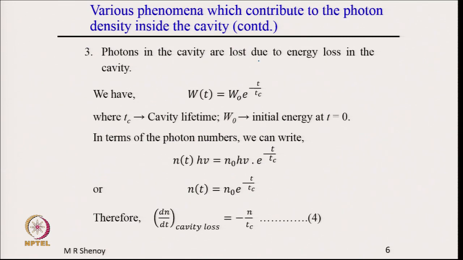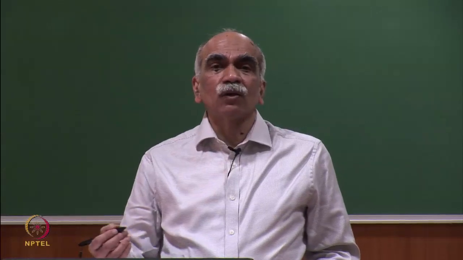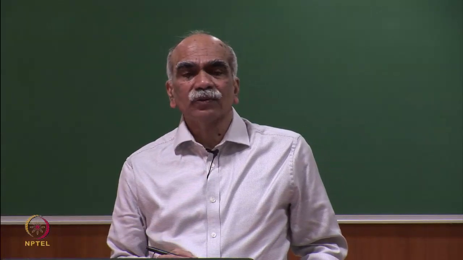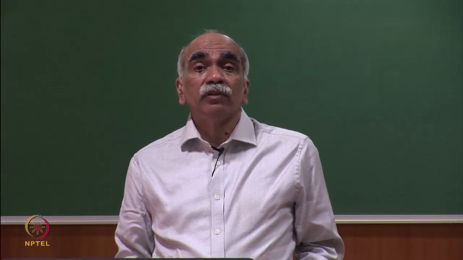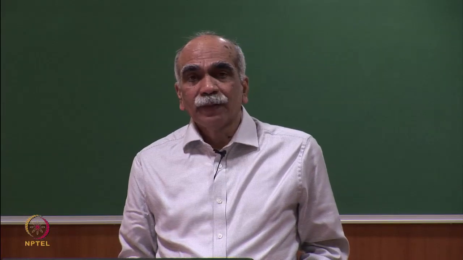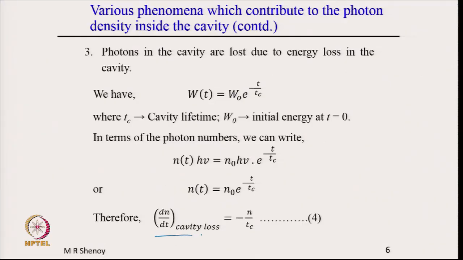Photons in the cavity are lost due to energy loss in the cavity. Every cavity has a finite loss, and therefore, with time, photons are lost because of the cavity loss. That will result in depletion of the number of photons with time. That is given by dN by dt due to cavity loss.